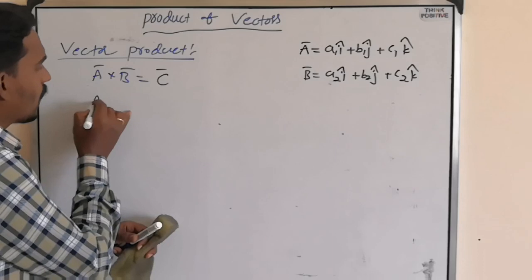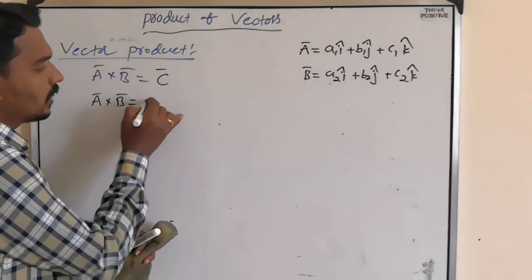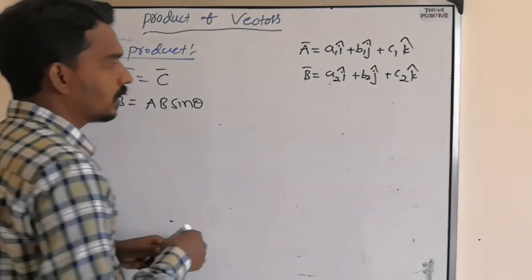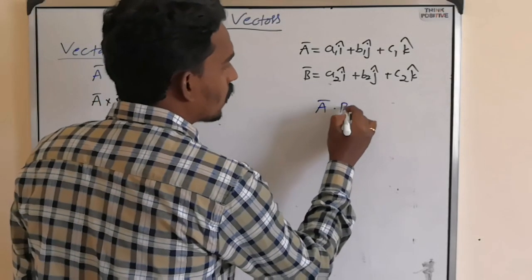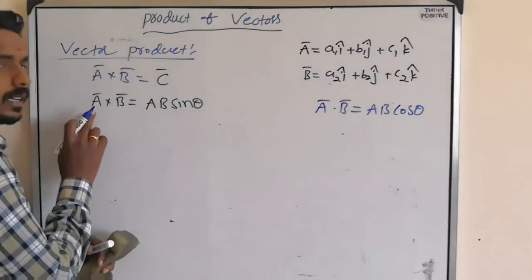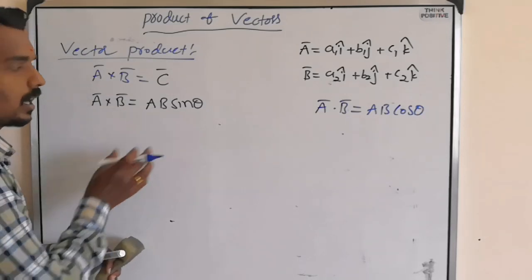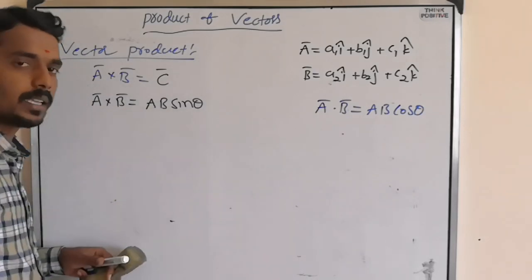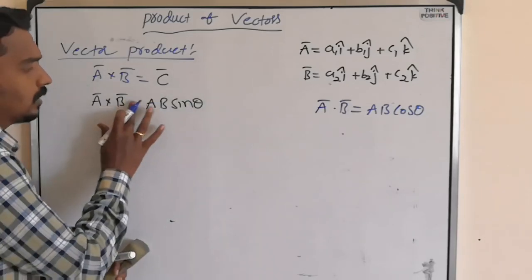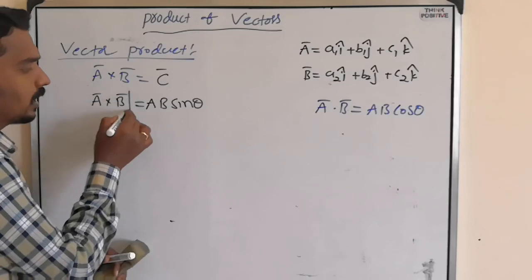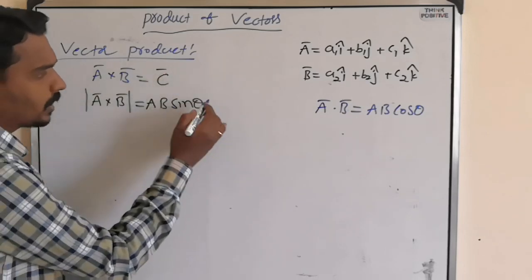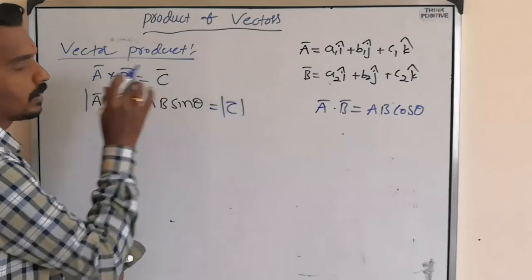See, A bar dot B bar is AB cos theta. In a similar way, A bar cross B bar they defined as AB sin theta. But this is wrong, because actually this is the magnitude of A bar cross B bar, nothing but the magnitude of C bar.